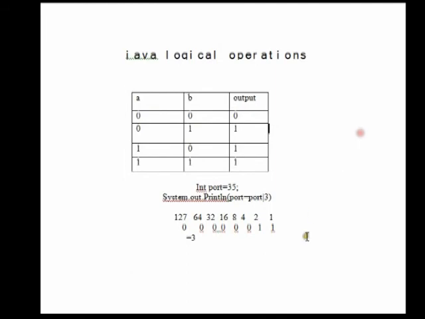You need to write 3 here, so it would be 0 0 0 0 0 0 1 1, which makes up 3.